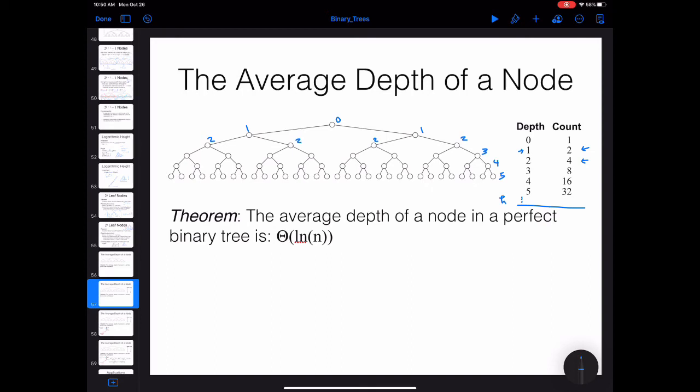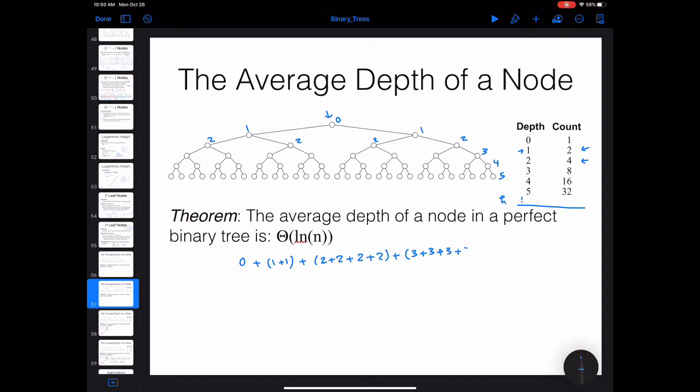For example, I have one node at depth 0, so the depth of the first node, the root node, is 0. Then I have 2 nodes at depth 1. Then I have 4 nodes at depth 2. Then I have 8 nodes at depth 3.